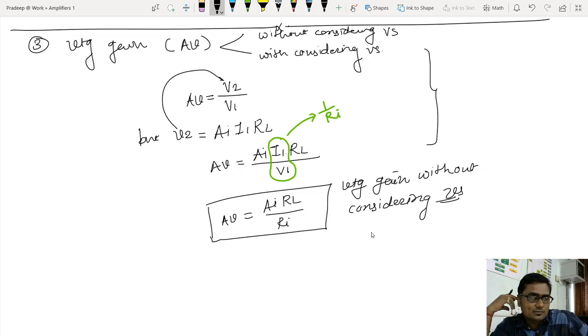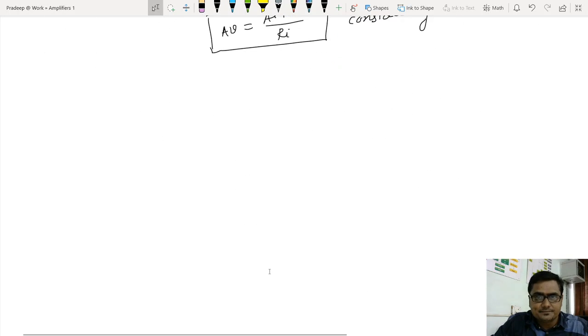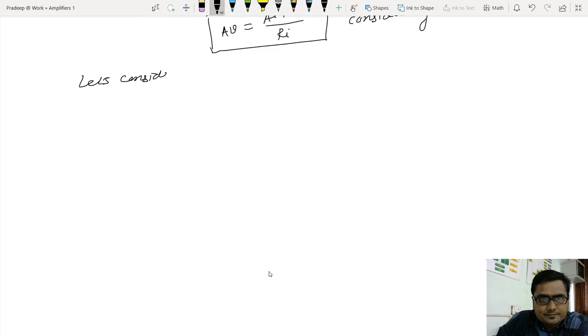Now let us observe what will happen if I consider Vs, that is source voltage.